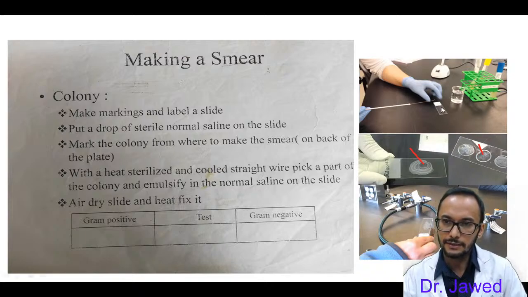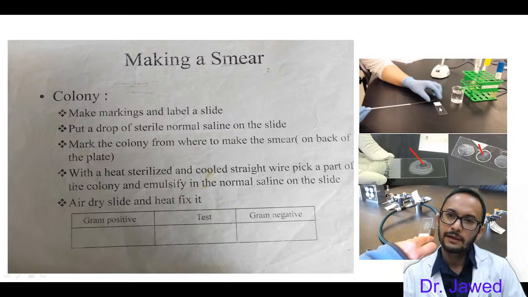You put a drop of normal saline, then either take a culture from the colony with the loop, or directly use the broth, and make a smear like this and let it air dry for a few minutes. After air drying you have to heat fix it.